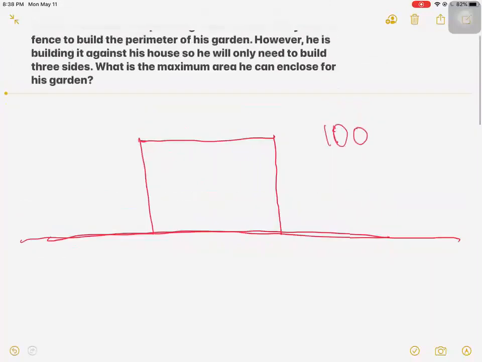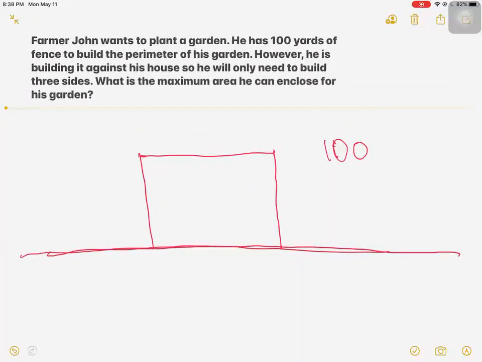Okay, so first thing is let's just let one of the lengths be x. And since we know that all 3 sides add up to 100, we know the last length is going to be 100 minus 2x. So what we want to do is maximize this area, the area of the rectangle.